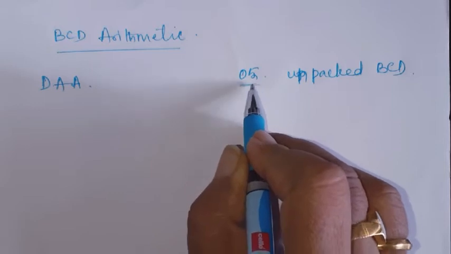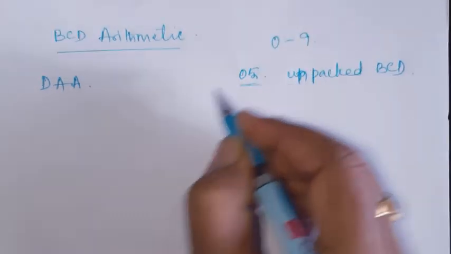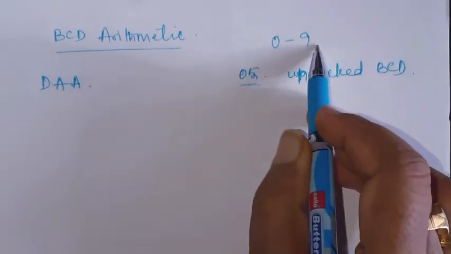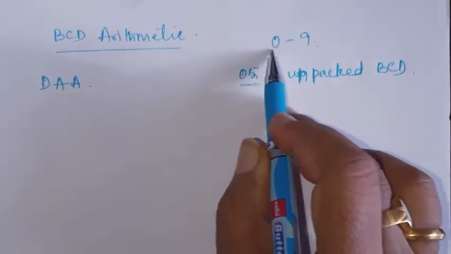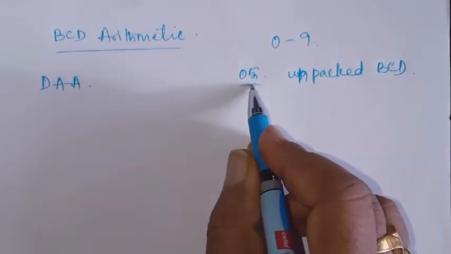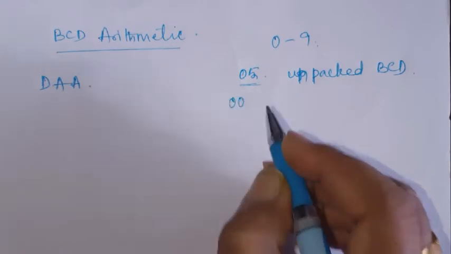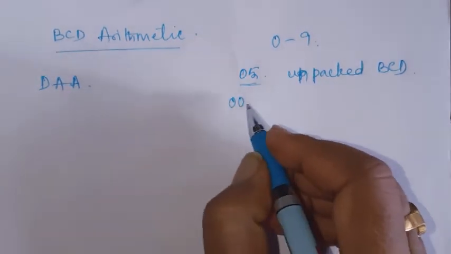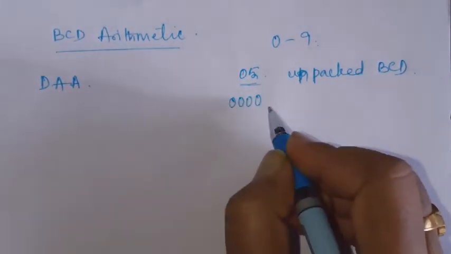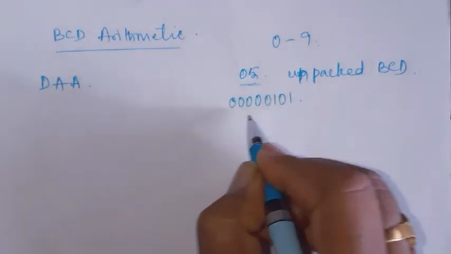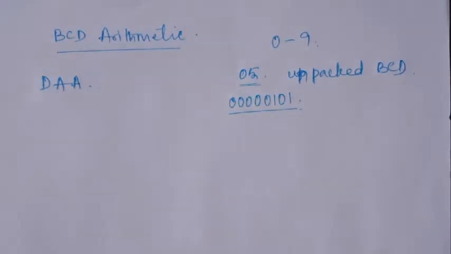Decimal digits means from 0 to 9, binary coded decimal, only from 0 to 9. So 5 is represented using one byte. If it is represented using one byte, then this is unpacked BCD.